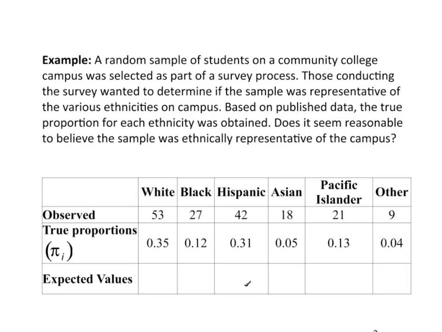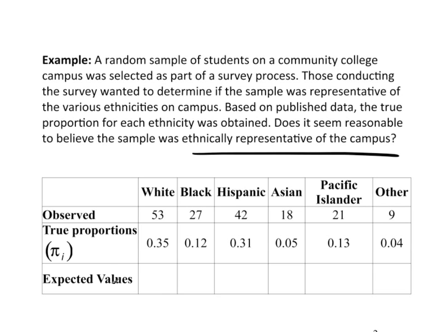So here's an example. A random sample of students on a community college campus was selected as part of a survey process. Those conducting the survey wanted to determine if the sample was representative of the various ethnicities on campus. Based on the published data, the true proportion for each ethnicity was obtained. Does it seem reasonable to believe that the sample was ethnically representative of the campus?